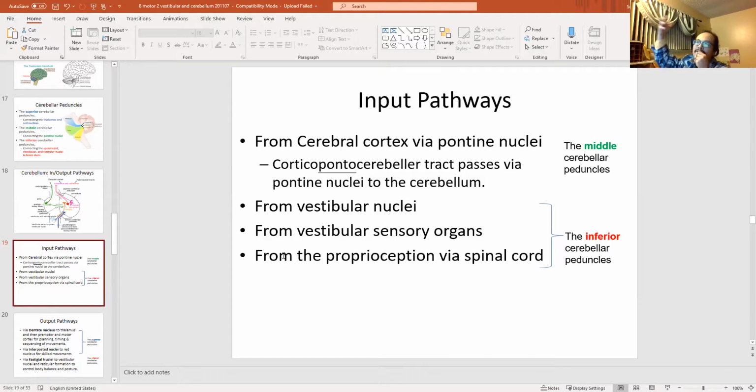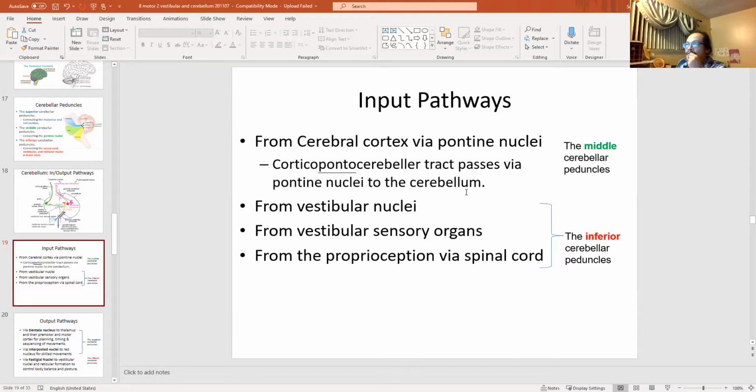So you get the idea that the cerebellum's function involves information from the cortex as well as information from the vestibular and the proprioception. A lot of this is about movement, body balance, and how to keep moving and keep body balance while knowing the position of our muscles.